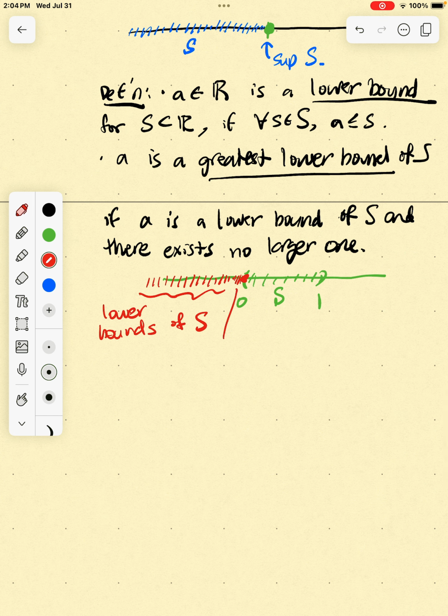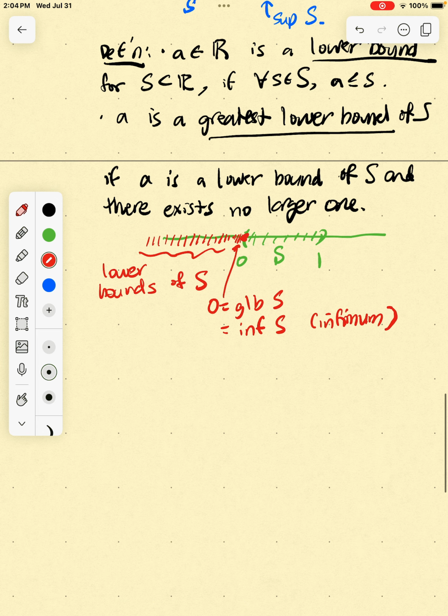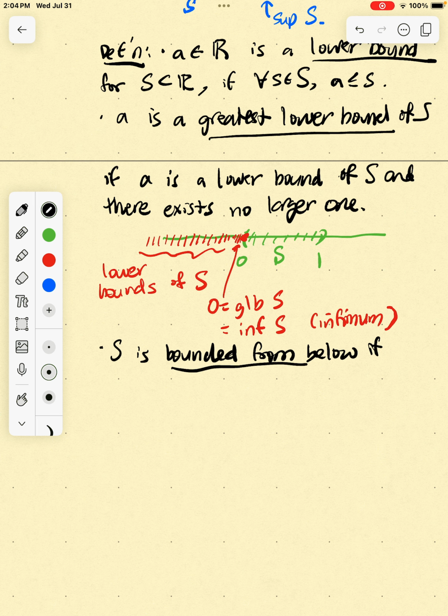Right? 0 would be the greatest lower bound of S, also written as inf S, the infimum of S. And we say that S is bounded from below if it has a lower bound. So completely analogous to upper bounds.